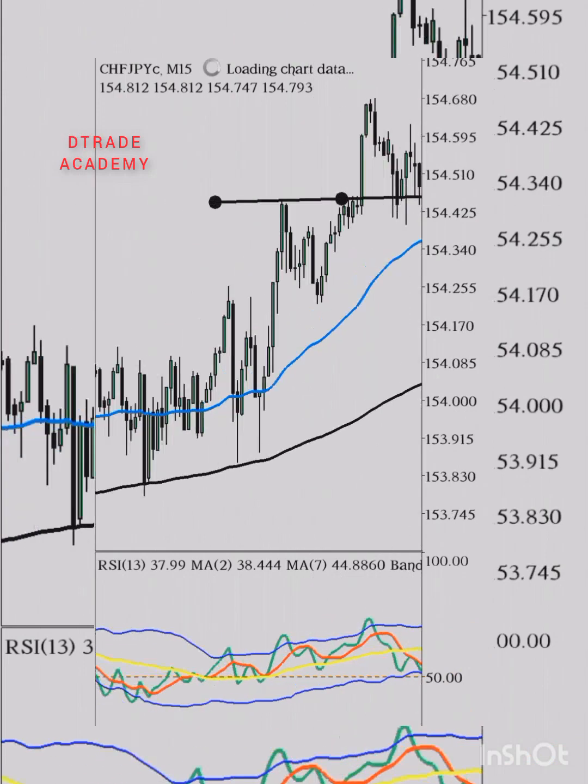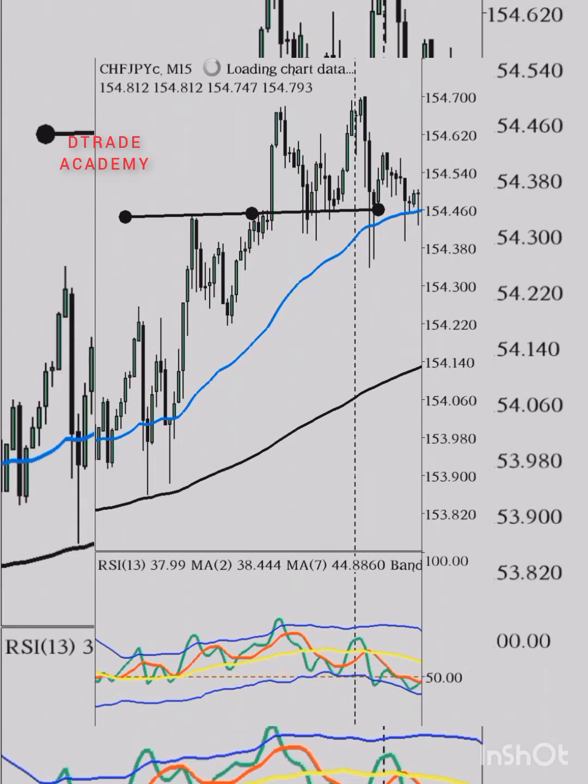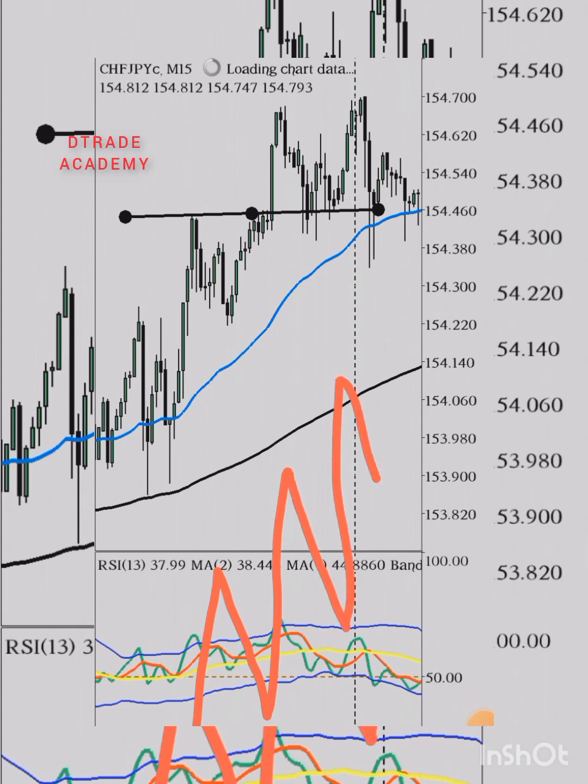Now the second structure, or the second market cycle, is when price does this. Take for instance, this is the first. It keeps breaking structure upward. Each time it breaks a high, that is the first structure. Each time it breaks a high, we'll see price retracing down.